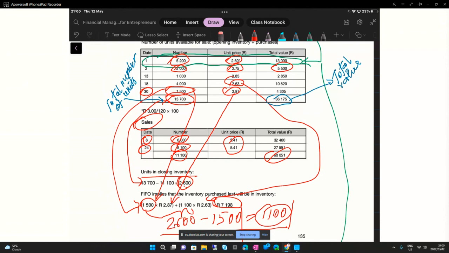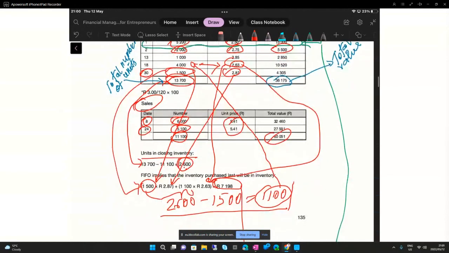That will come from the batch before the last batch, which was a batch of 4,000 that was bought at this price. You understand now where these costs are coming from.